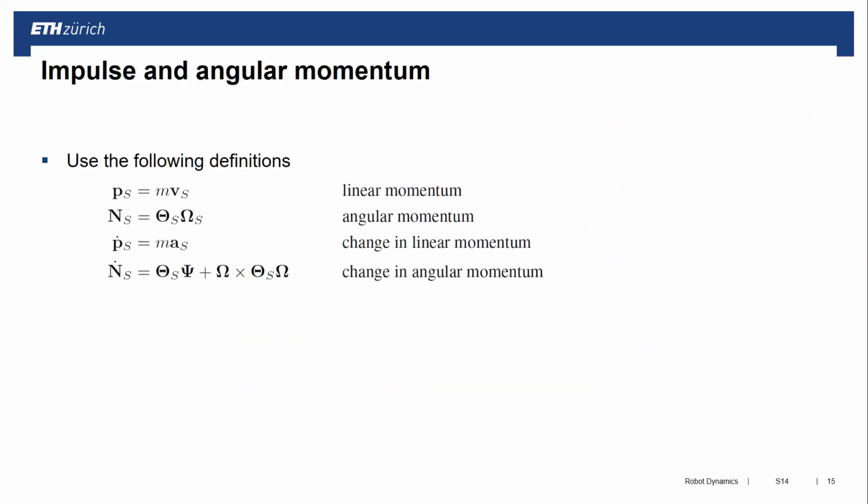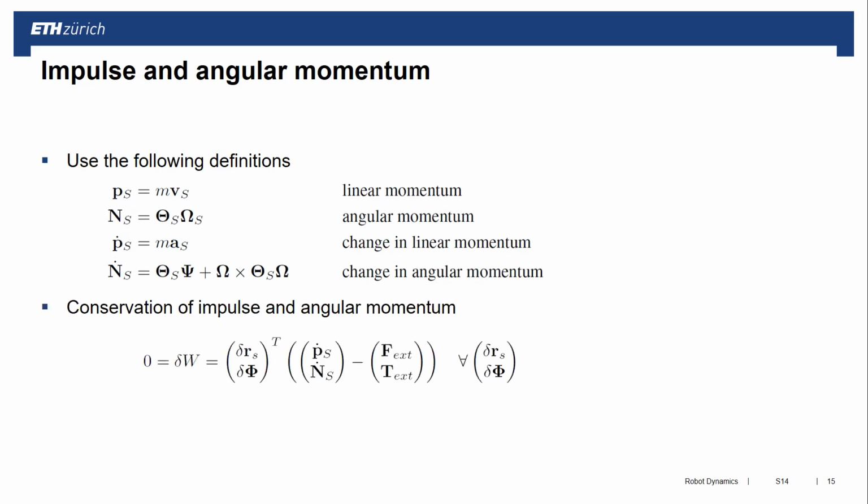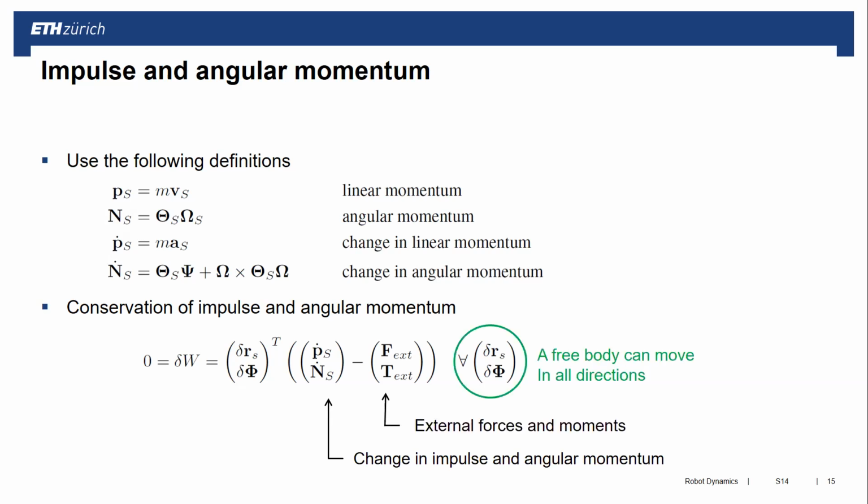And from that, we then went on. We looked at linear momentum, angular momentum, and the change in this linear and angular momentum. What we ended up with in the end was the following formula. The change of linear momentum is equal to these external forces. The change of angular momentum equals these external torques, as long as we have a free moving body that can move in all directions.